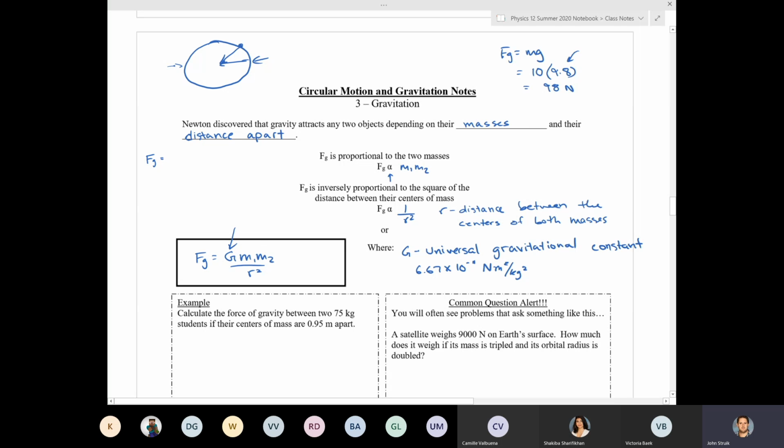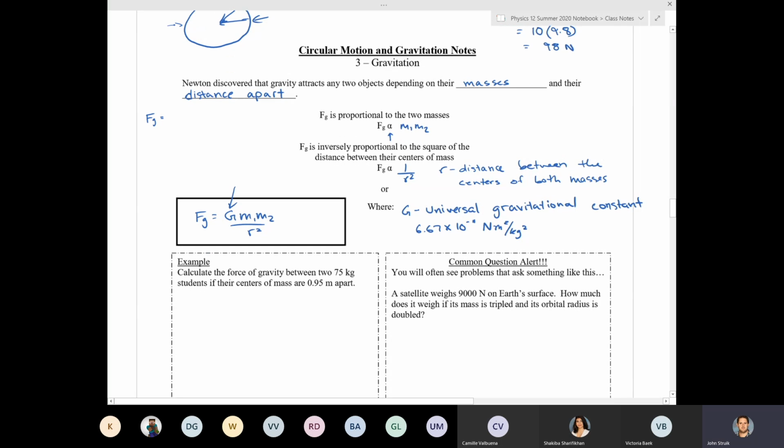Well, if I apply that to the big formula, then I have big G, 6.67 times 10 to the negative 11, times the mass of our object, 10, times the mass of the Earth, 5.98 times 10 to the 24 kilograms. I think that's what it is.